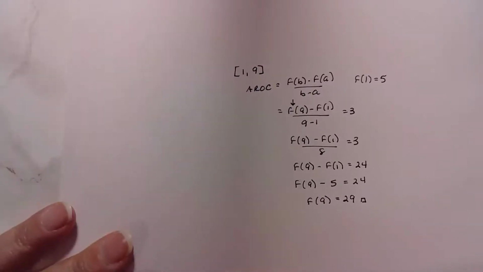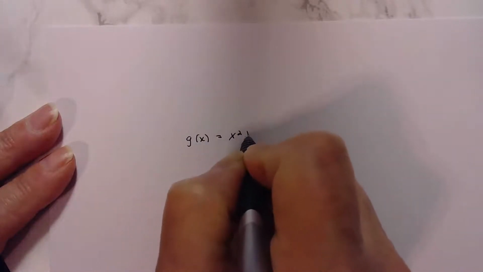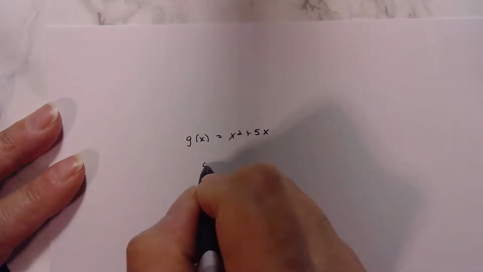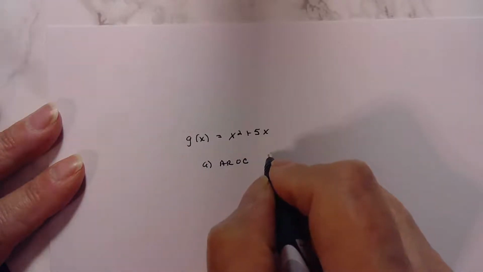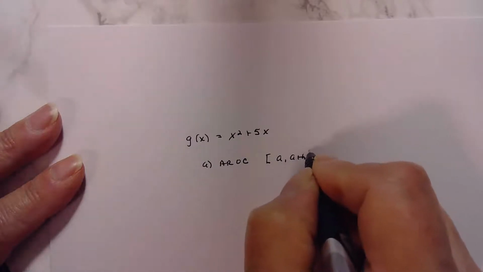In number 5, you're given g of x is equal to x squared plus 5x. And you want to find the average rate of change from, okay, so they're giving you the interval a to a plus h, okay?